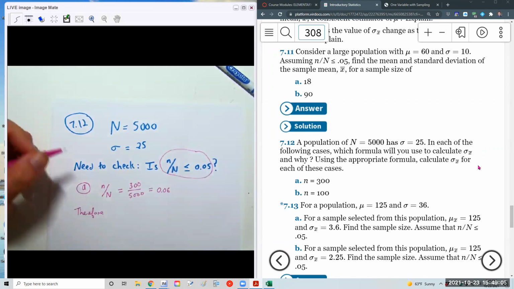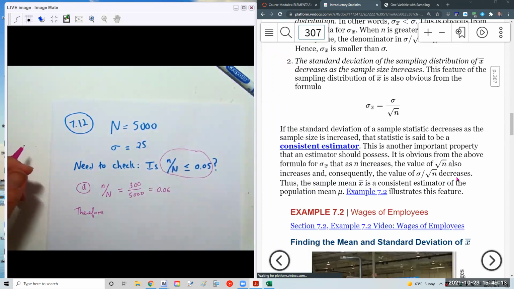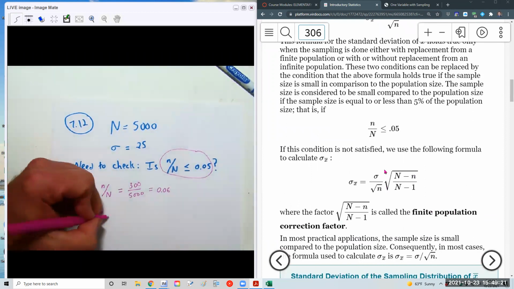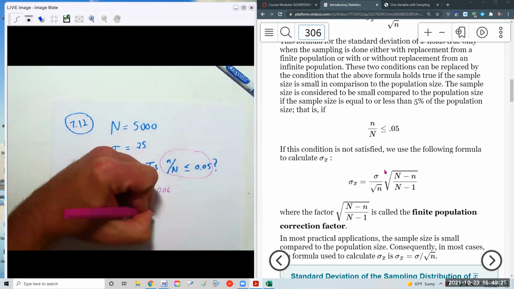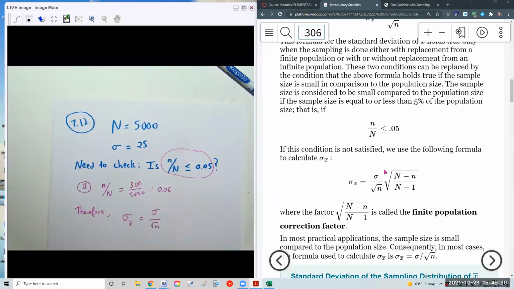we need to put in there the finite population correction factor. We need to put in the finite population correction factor, or in other words, we should use this formula. So therefore, sigma sub x bar should be sigma divided by square root n. And you don't have to memorize any of these formulas, by the way.